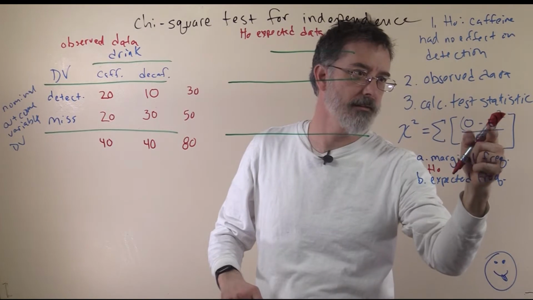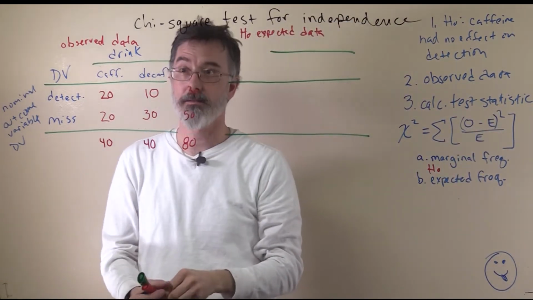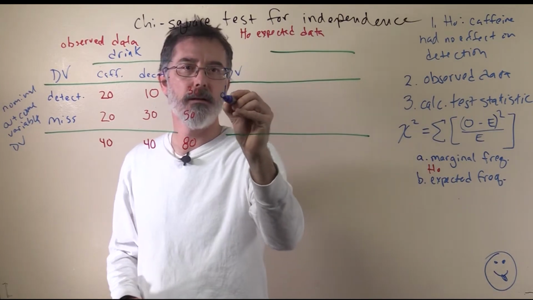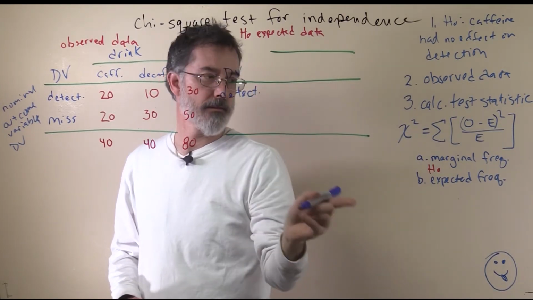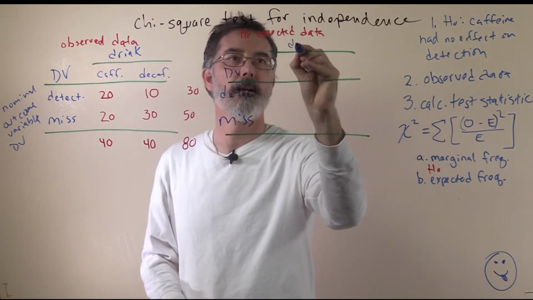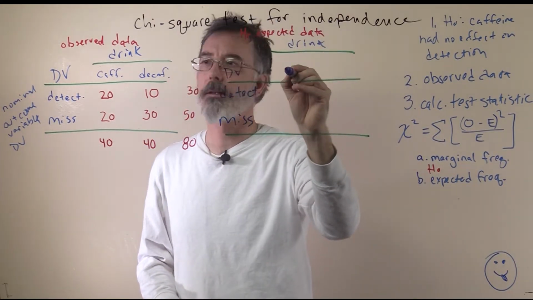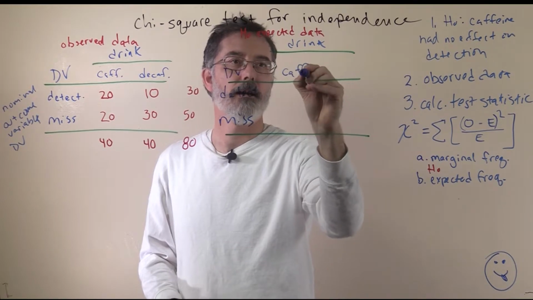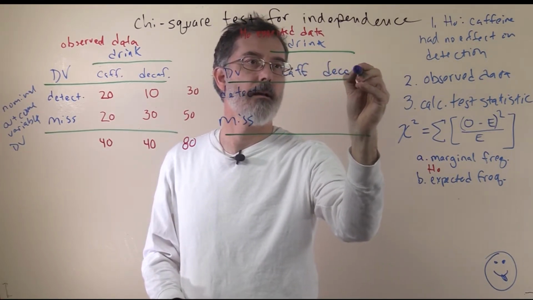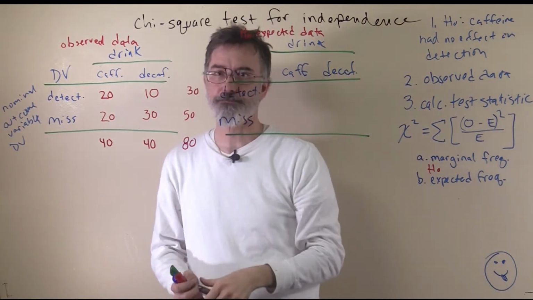All right, these are our E's in here, our expected data if the null hypothesis is true. So this will still be our DV, detected smiley face, failed to detect the smiley face. People who drank caffeine or who had decaffeinated coffee.